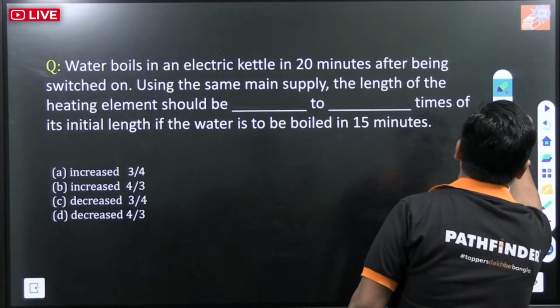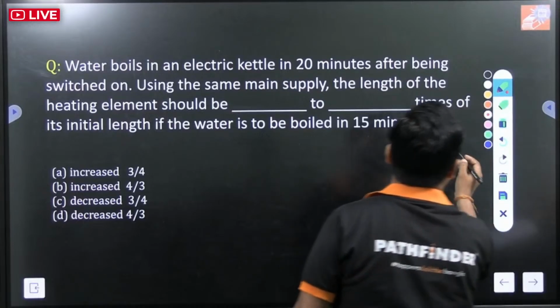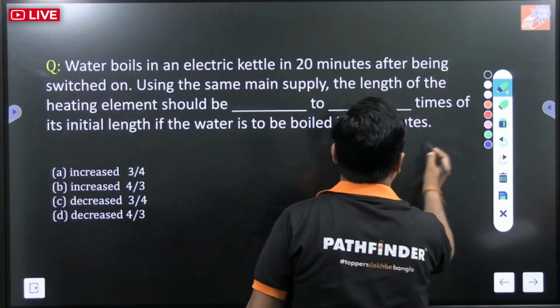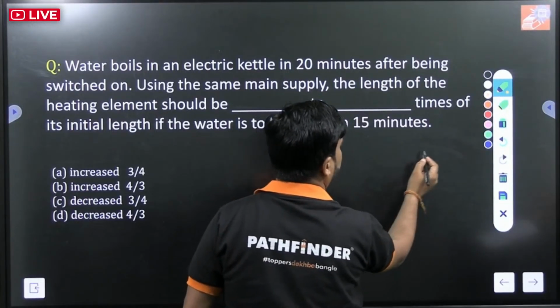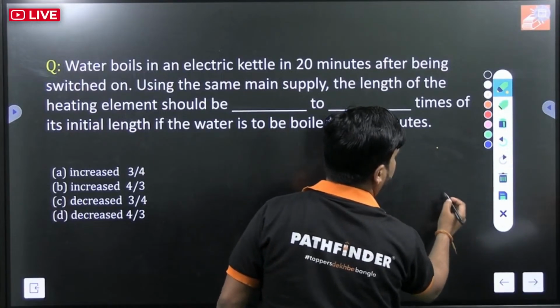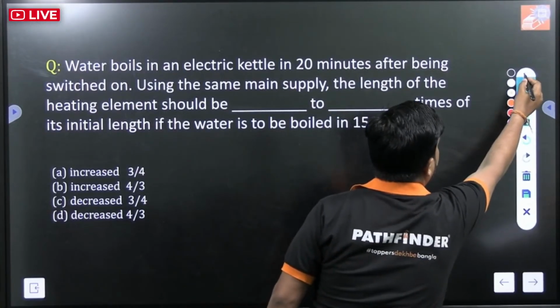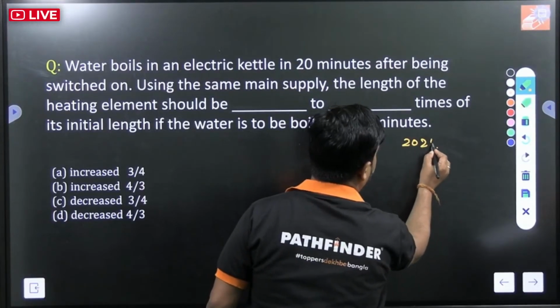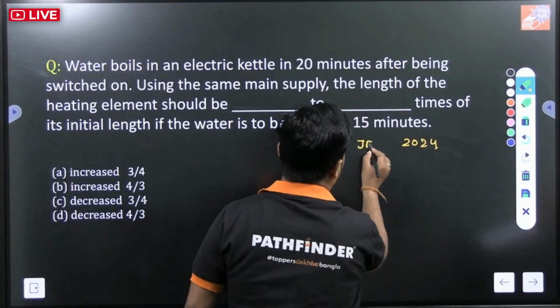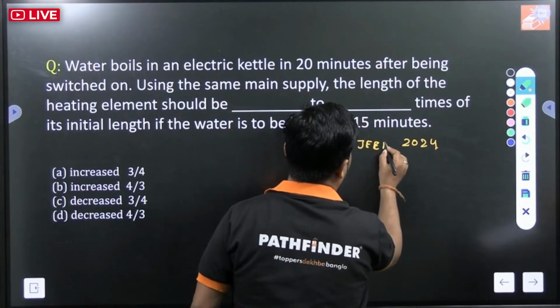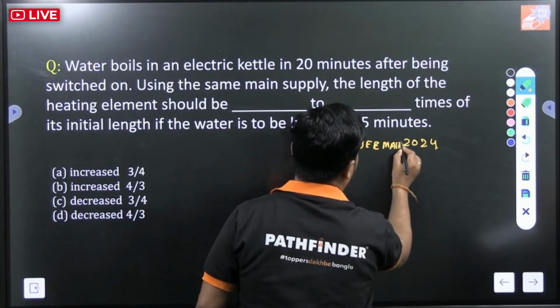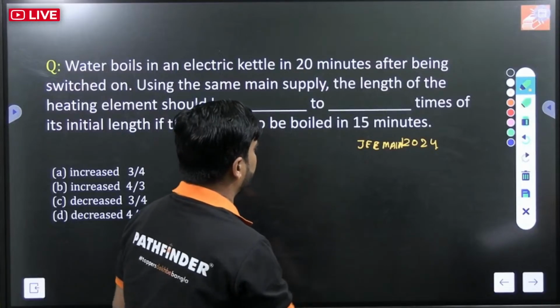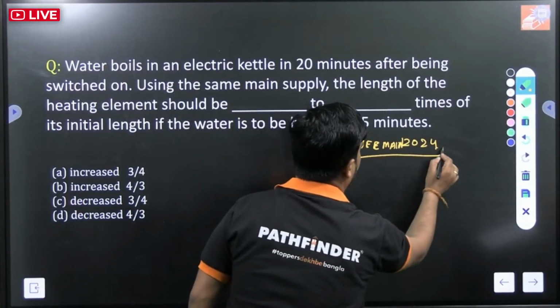Just let me write it down once. This is asked in 2024 JEE Main. So it's an important question as well.